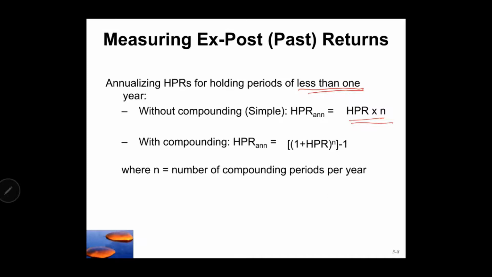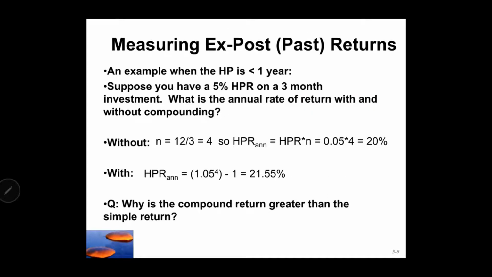So let's take one problem. Suppose you have a 5% HPR on a 3-month investment. Okay, what is the annual rate of return with and without compounding? So without compounding, n is equal to 12 over 3, which is equal to 4. Why?